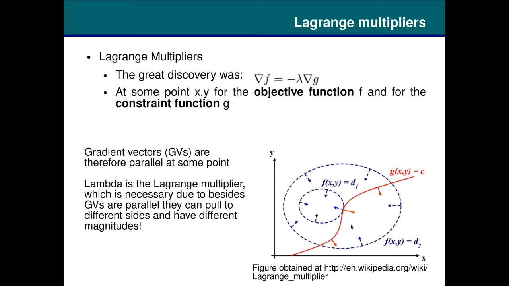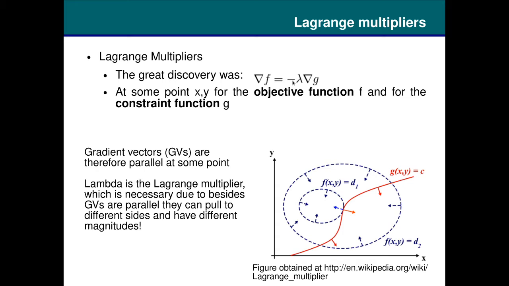You know what's amazing about Joseph Louis Lagrange? He found that the exact points in which the gradient of my optimization function and the gradient of my constraint function turn out to be equal, given some correction lambda. In this case, I'm just writing it as minus lambda.